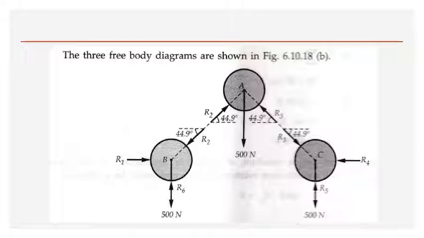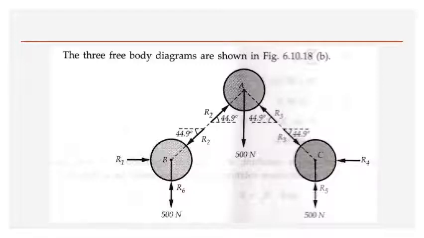So at this point you can see both the weight and the reaction are acting along the same line. So two forces are there on that line. One is acting upwards, that is the reaction. Remember, reactions will always act towards the body. And here the weight always acts vertically downwards.